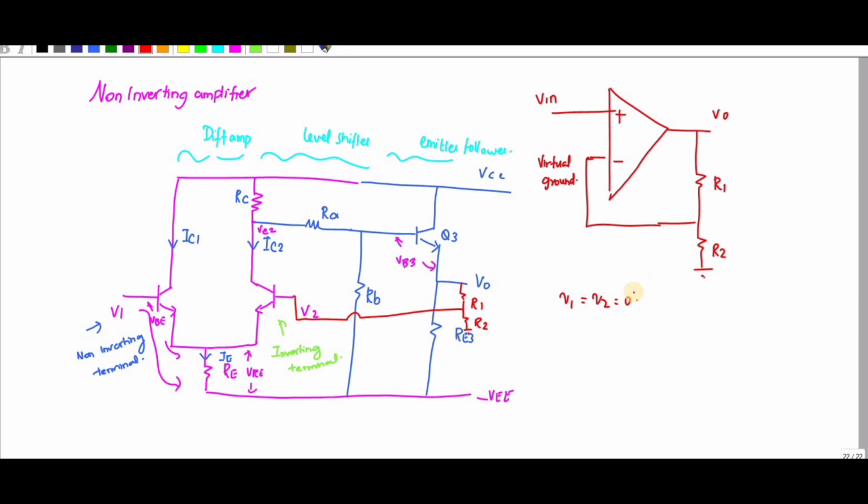If V1 and V2 are equal to 0, this is also ground and this is also ground. So the current flowing through R2 is 0, right? Current flowing through R2 is equal to 0.